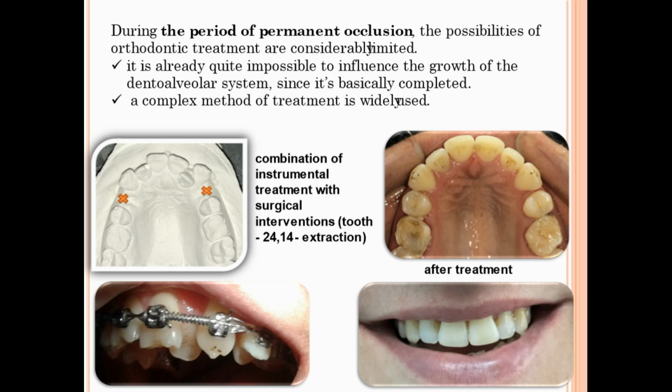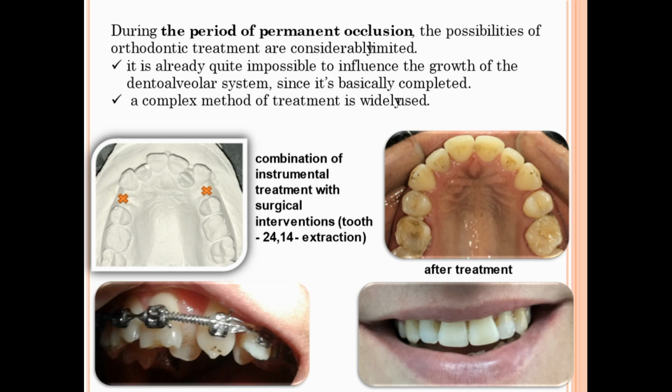In this period, it is already quite impossible to influence the growth of the dental alveolar system since it is basically completed. Therefore, with the help of instruments, the movement of teeth and the correction of shape and correlation of the dentition are carried out.